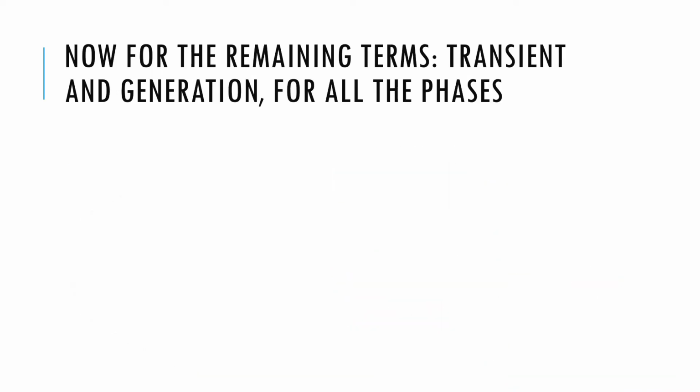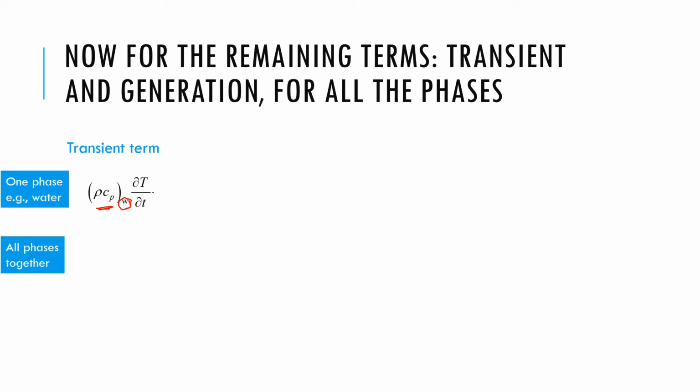And now for the remaining terms, transient and generation for all the phases. So for the single phase water, the transient term was written as rho Cp for water times del T del t. When we want to include all the phases, then we write rho Cp effective for all the phases.